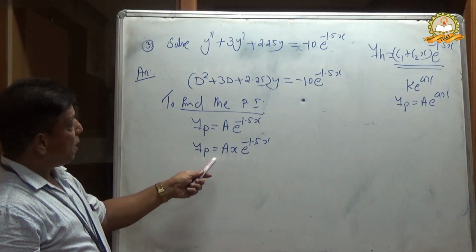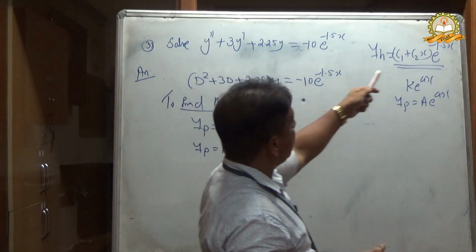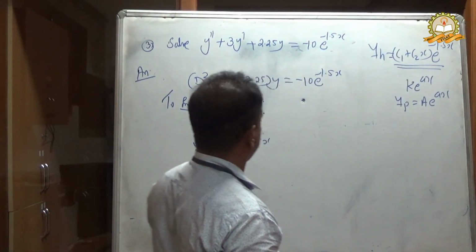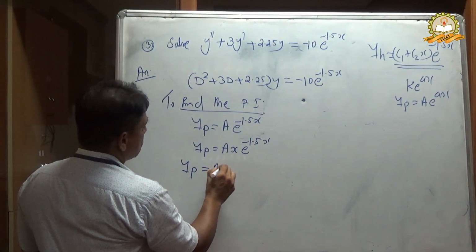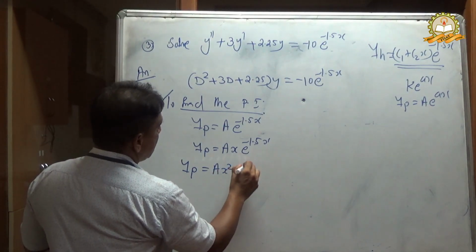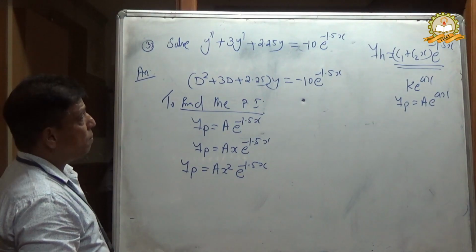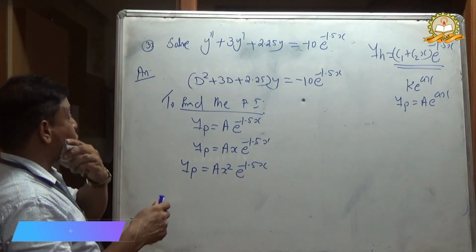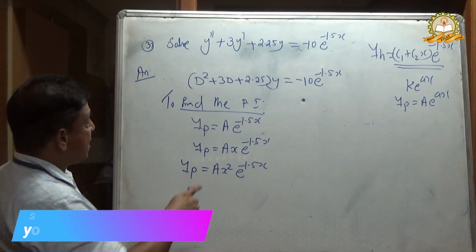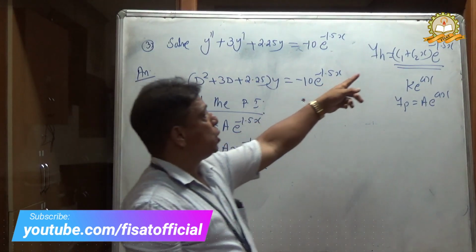When we multiply by x, this term again appears in the complementary solution. Therefore, again we assume yp is a into x square into e raised to minus 1.5x. So, in this problem, we multiply the yp by x square. The reason is, when we take yp as a into e raised to minus 1.5x, that term contains the homogeneous solution.